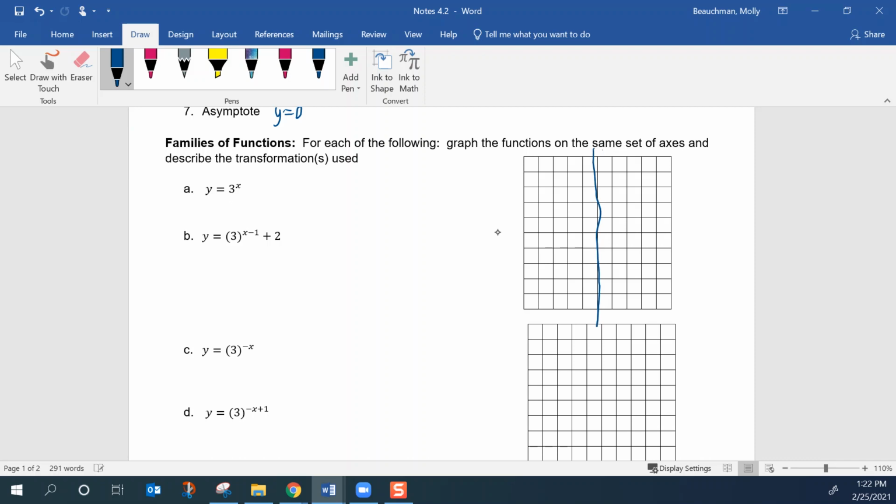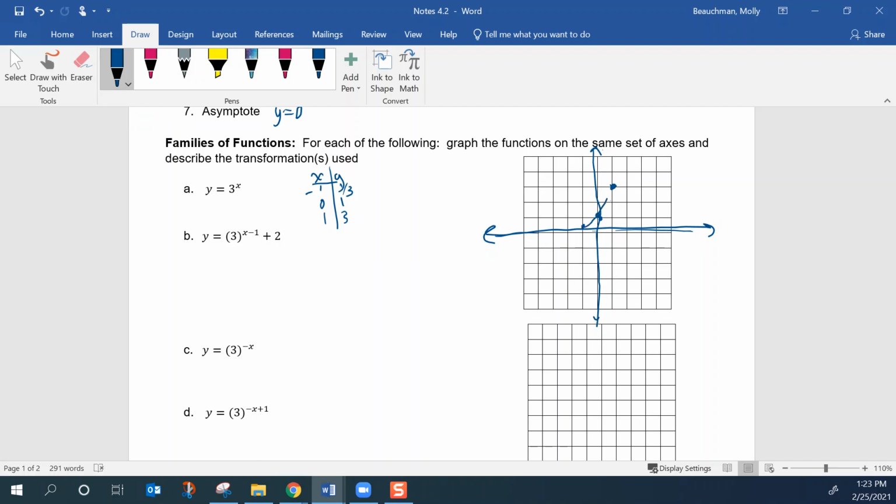We could have just as easily used 2 to the x, but let's plot a few points for 3 to the x. When x is negative 1, the y-coordinate will be 1/3. When x is 0, the y-coordinate is 1. And when x is 1, the y-coordinate is 3. So (0, 1), (1, 3), (negative 1, 1/3).